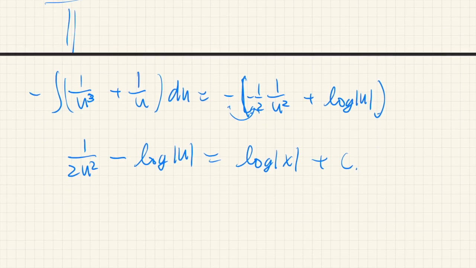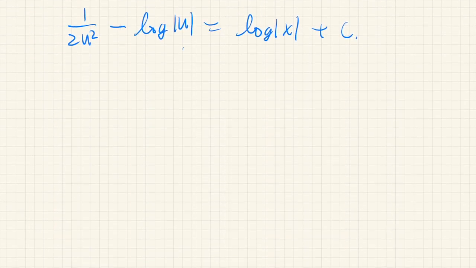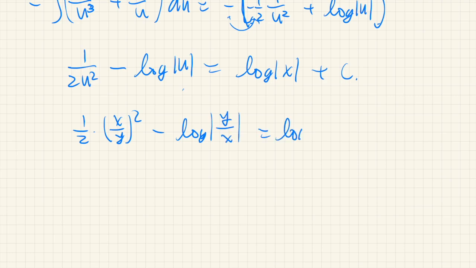So let's put u equal to y over x back. So here we have 1 over 2, so it's x over y squared, minus log of y over x, equals log of x plus c.